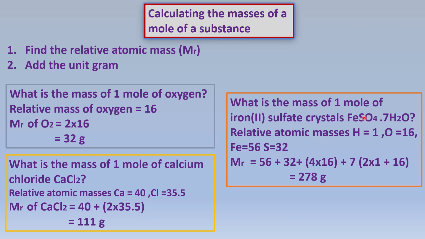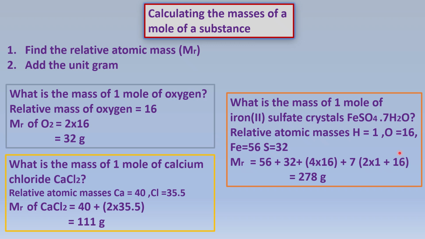Iron 56, sulfur 32. The 4 means there are 4 oxygen atoms, so 4 times 16. First you solve the multiplication, then you add to 32 and 56. Now comes the 7 water molecules. H2, this means 2 times 1, and oxygen 16.